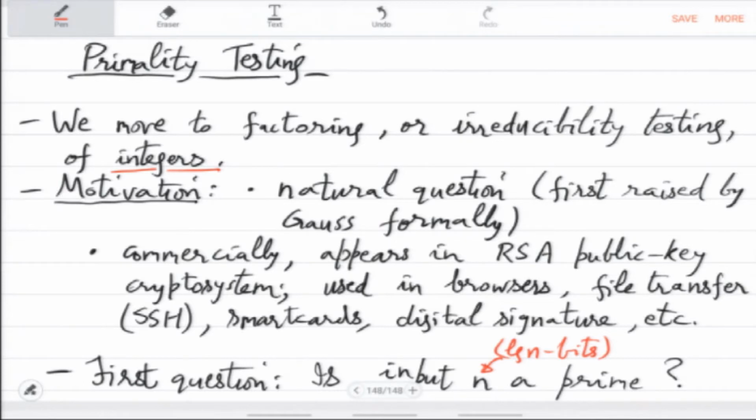So for L bits, you are able to represent a 2 raised to L large number. So for 100 bits, you are representing something as big as 2 raised to 100, and for 1000 bits, something as big as 2 raised to 1000. So you are actually working with extremely large numbers, and you are interested in their primality.